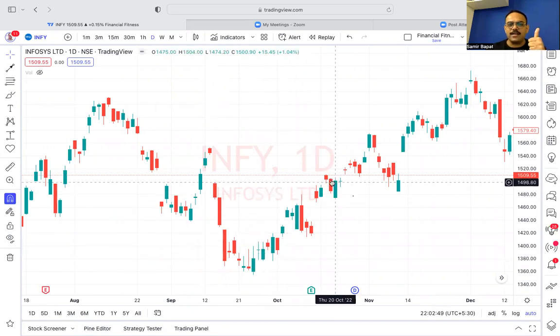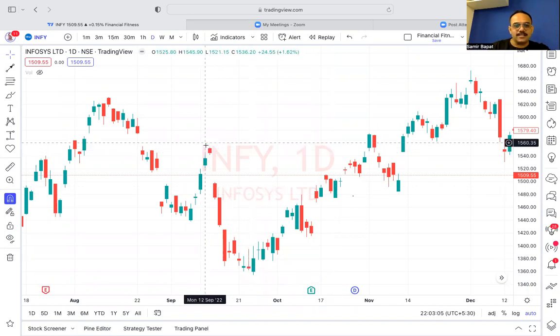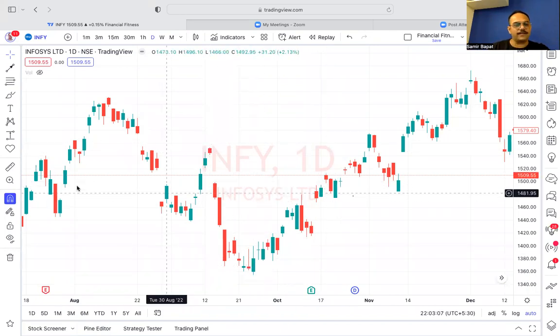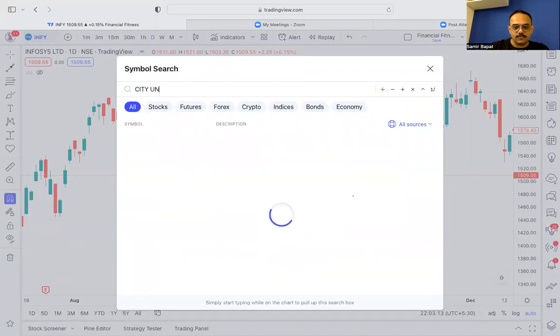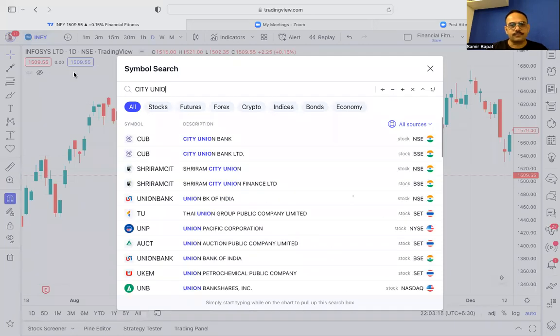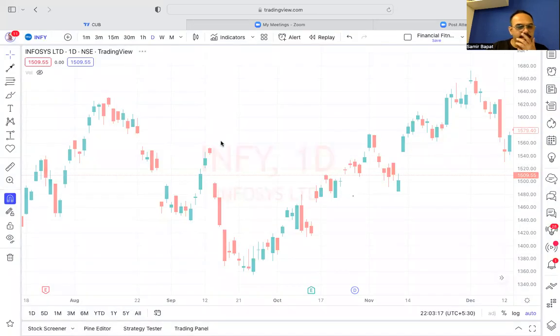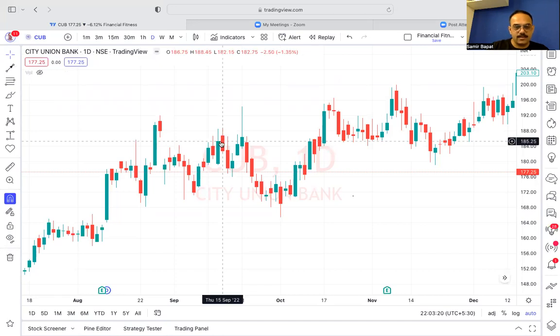If it is an uptrend and there is a bullish engulfing, it has not much significance because it is a reversal pattern. What will it reverse here? The trend is already an uptrend. So there is nothing called reversal here. It is reversing the downtrend. Okay, let's take City Union Bank, 16th May.